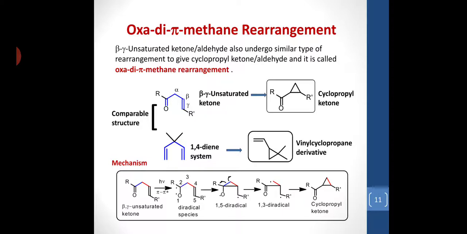The first step is pi-pi star excitation of carbonyl bond leading to the formation of diradical, followed by formation of 1,5 diradical with C2-C4 bond formation. 1,5 diradical will get converted to 1,3 diradical by homolytic cleavage of C2-C3 bond and not C3-C4 bond, as cleavage of C2-C3 bond will give back the carbonyl group. 1,3 diradical will finally join to give the cyclopropane derivative, cyclopropyl ketone.